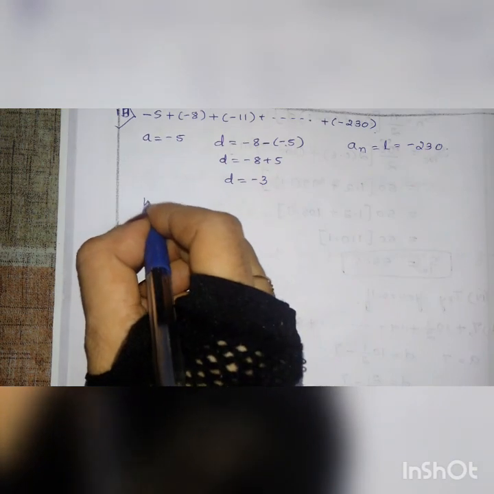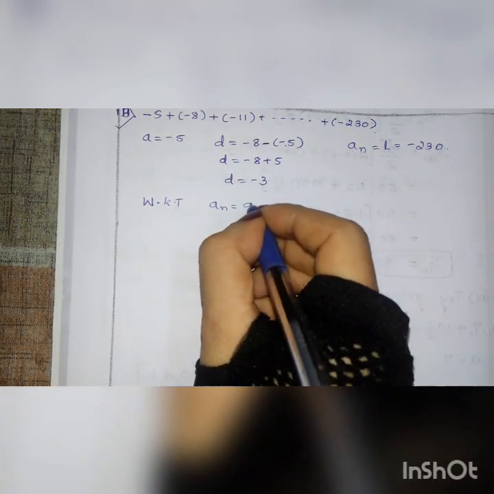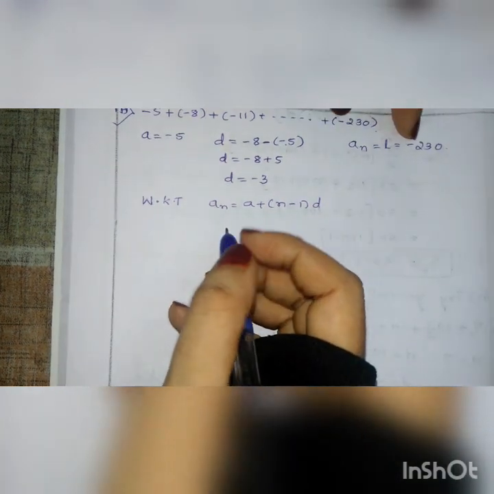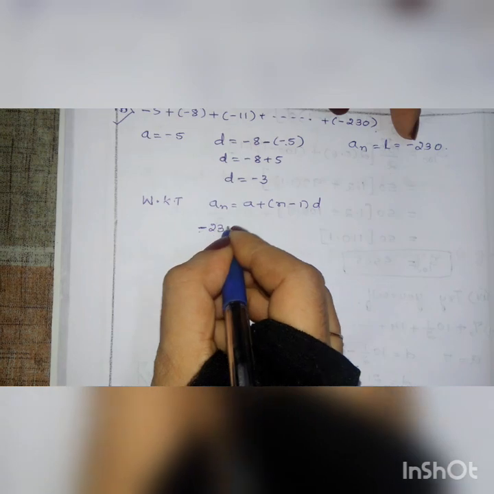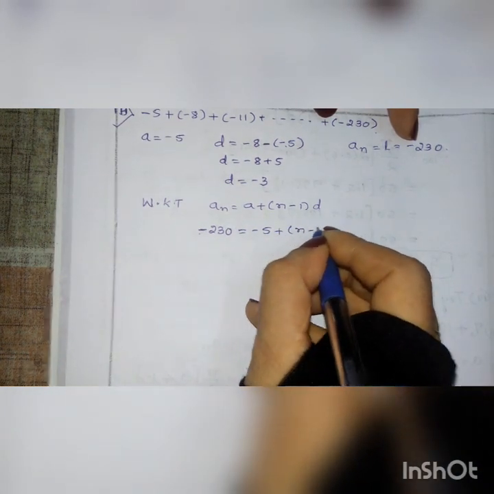Now first we need to find n. So we know that an is equal to a plus (n minus 1) d. -230 is equal to a is -5 plus n we don't know, minus 1, d is -3.